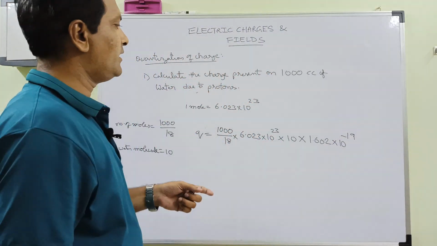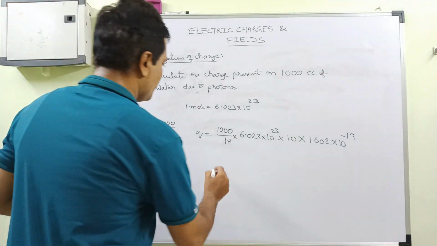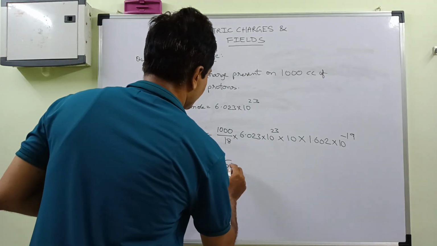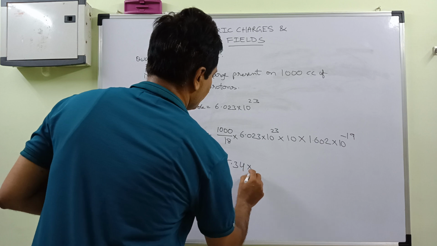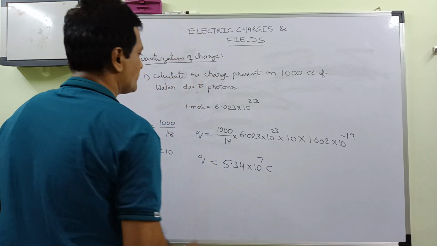So this will be the charge present on the 100 cc of water. If we calculate, we will get around 5.34 into 10 to the power of 7 coulombs.